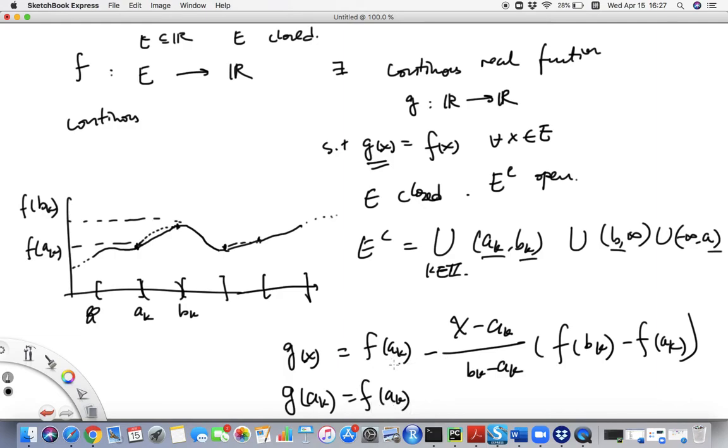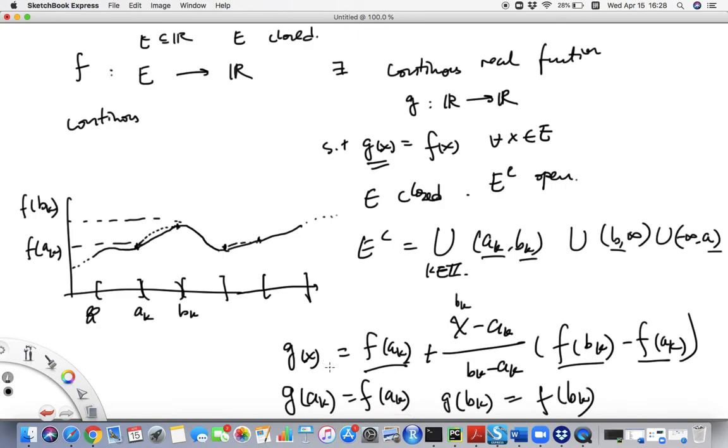If you plug in bk, then this is bk minus ak over bk minus ak, so that's 1. Then you have f of ak, sorry, this should be plus: f of ak plus f of bk minus f of ak. So what's left is f of bk.